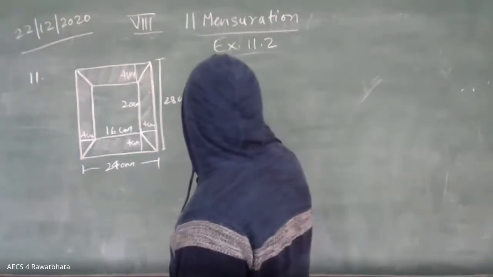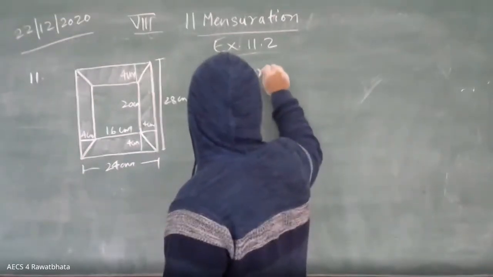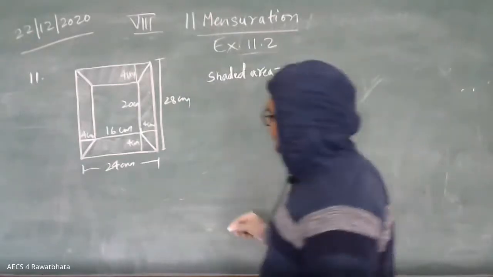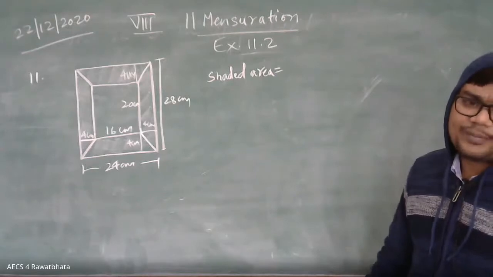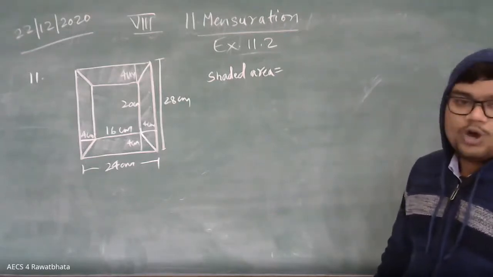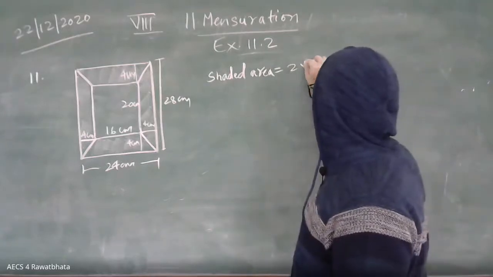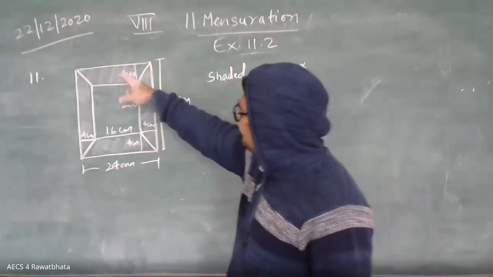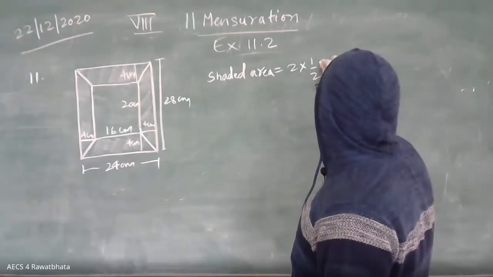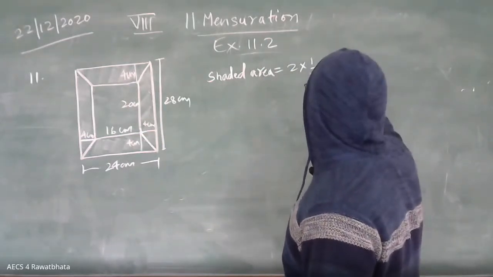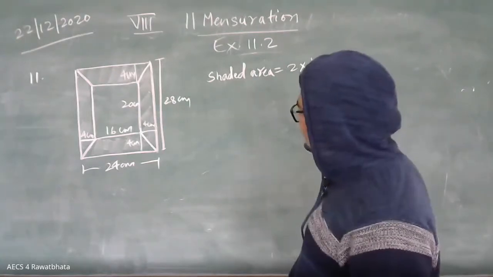So the shaded area is equal to, I am going to find out for two sets of trapeziums which are identical. Opposite trapeziums are identical here. So 2 into, first let me take the top and bottom one. 2 into half into h, which is 4 centimeter, into the sum of parallel sides.